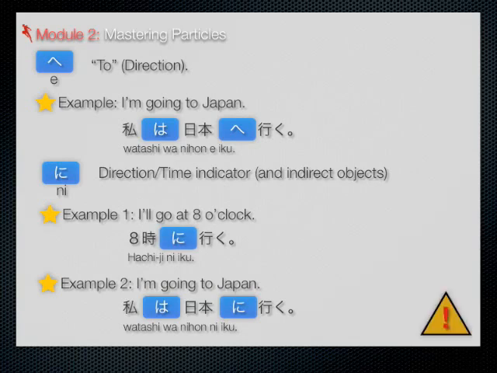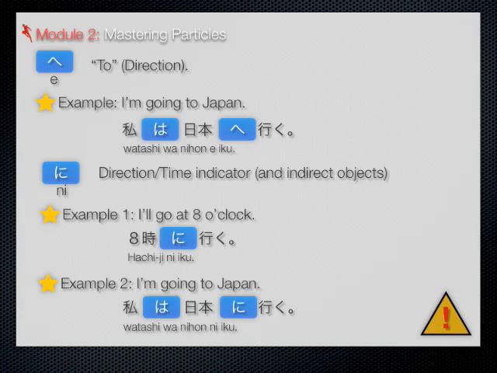And I'm going to have to put an exclamation point on this page because these overlapping usages for ni and e is a point of confusion for a lot of people. And personally, I don't really know what the reason is in terms of why both particles can be used in this way. My guess is that e is more for written Japanese, and it probably has a minute nuance difference.